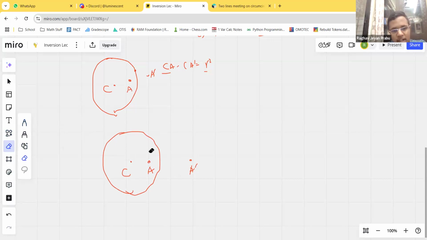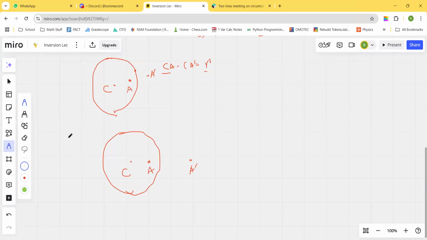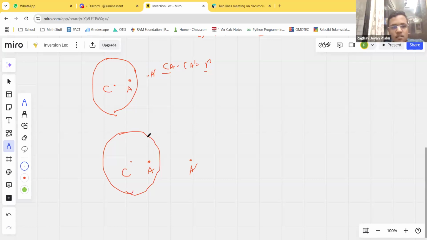The question is, how do I construct A dash geometrically from A? Does anybody have any ideas as to how we can do this? If we have length CA and the radius, then we can compute. Yes, you can compute that, but how will you do it using, say, a ruler and compass effectively?